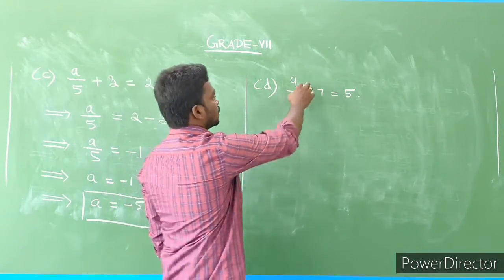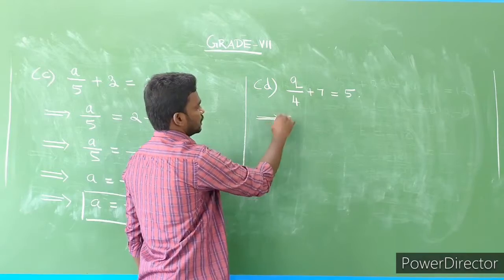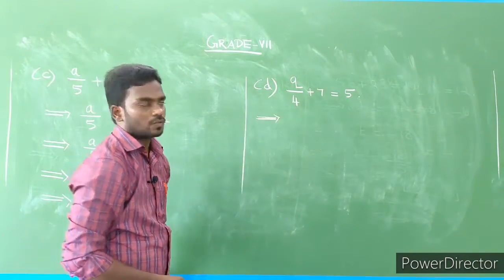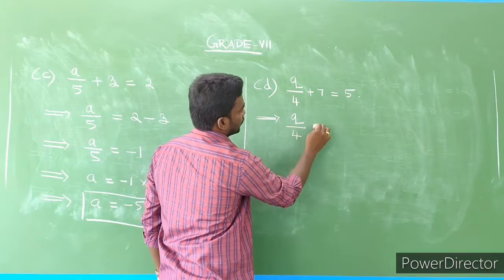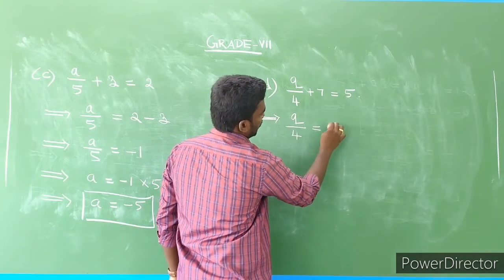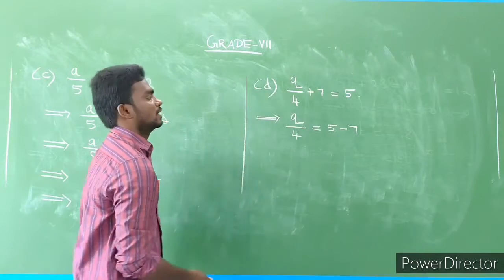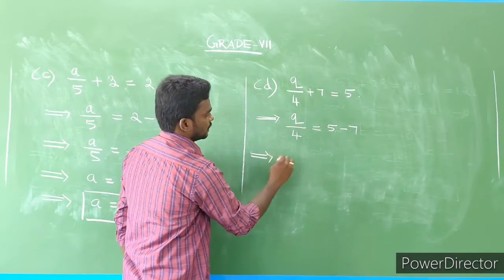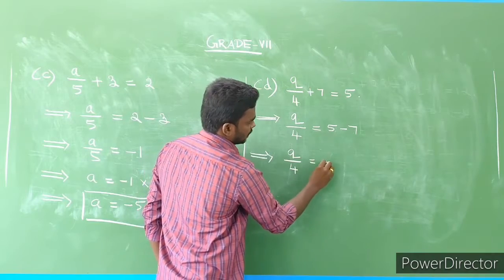Next D question, q by 4 plus 7 is equal to 5. We keep the value q by 4 in the left side, which is equal to 5, and this plus 7 is transposing to minus 7 to the right side. Implies that q by 4 is equal to, what is the value of 5 minus 7?